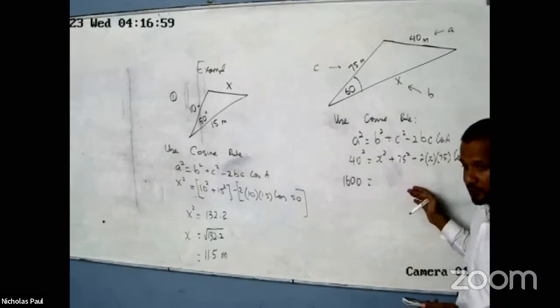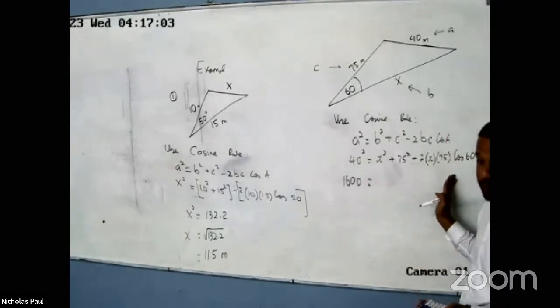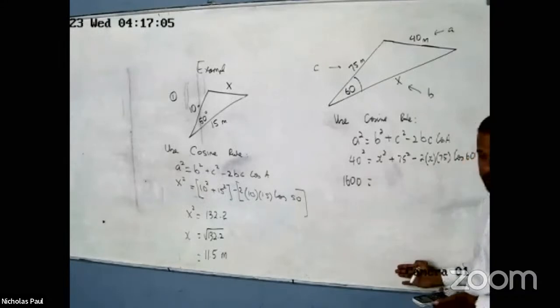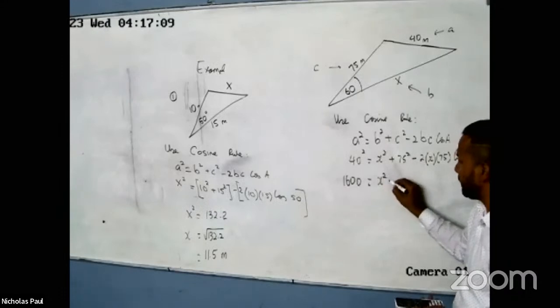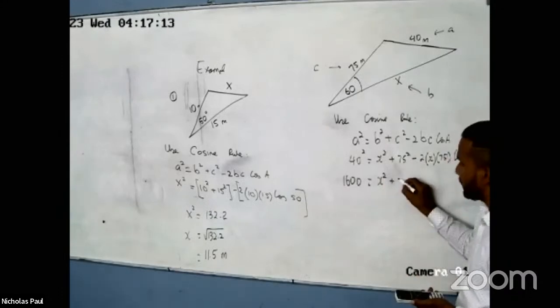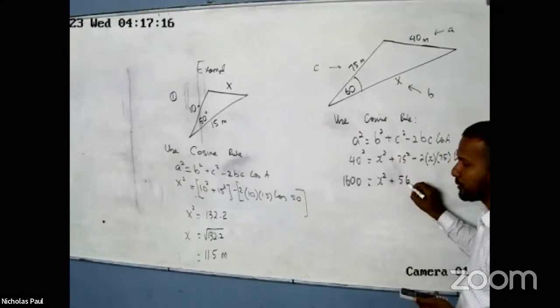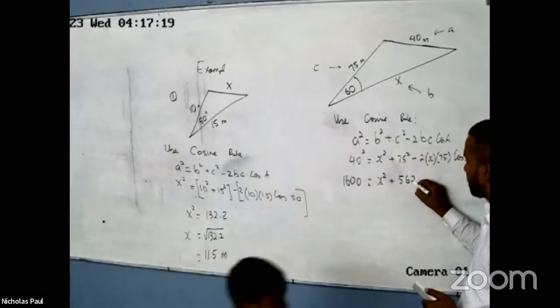Once you master that, everything else becomes easy, because you'll understand how we use the cosine rule. Now the trick is to be able to find the subject. So this is one term, how do you write it? 75 squared.